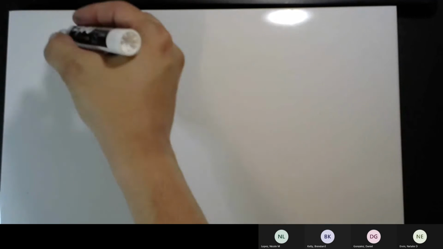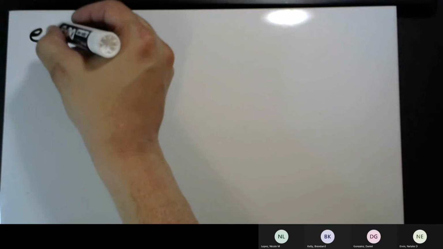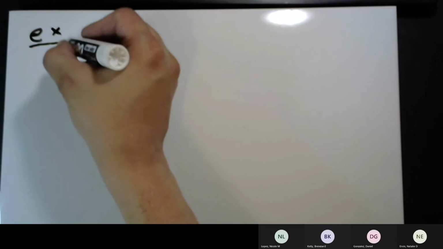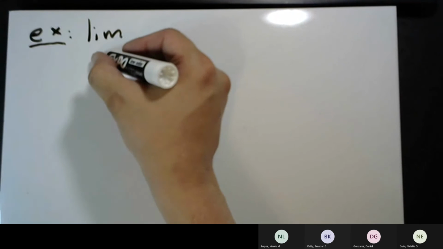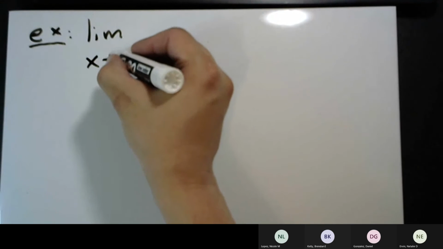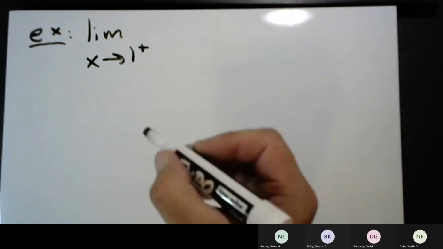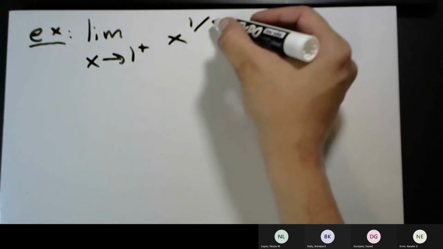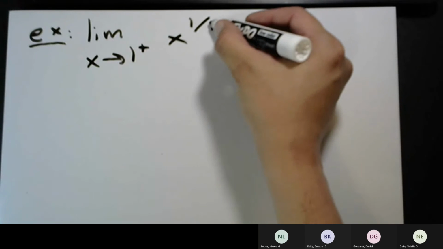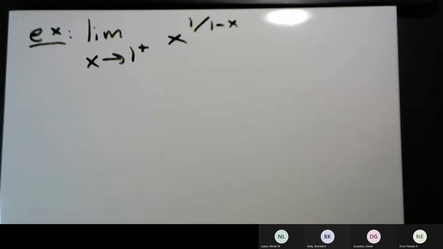If I'm erasing too fast, please let me know. Limit as x approaches 1 from the right of x to the 1 over 1 minus x.